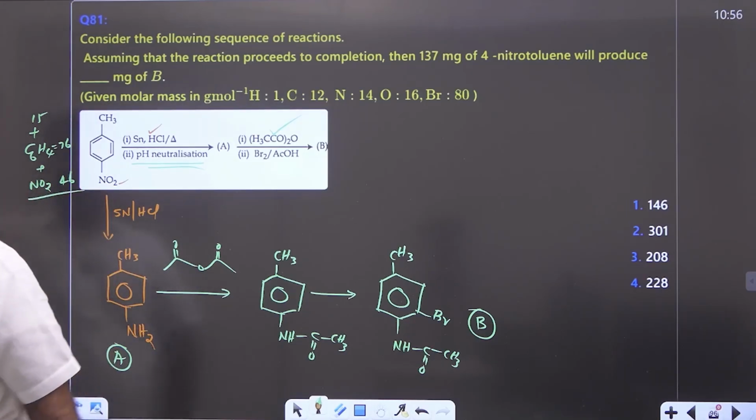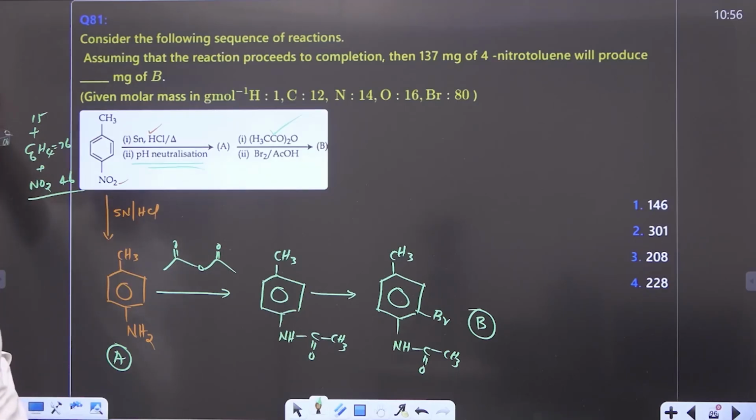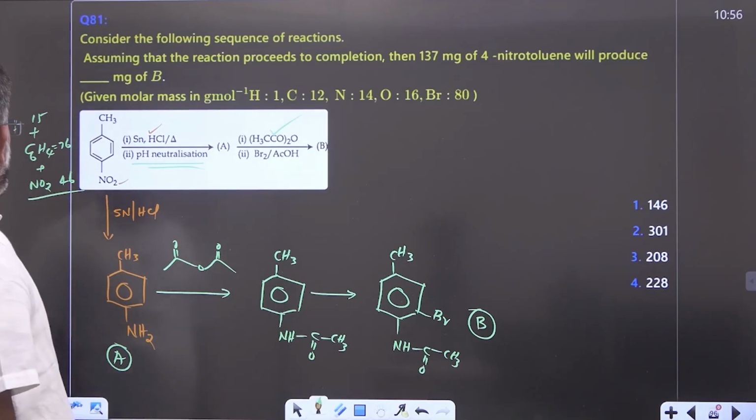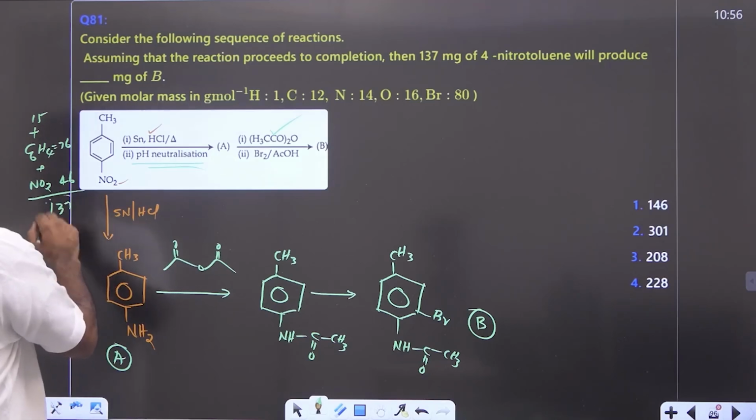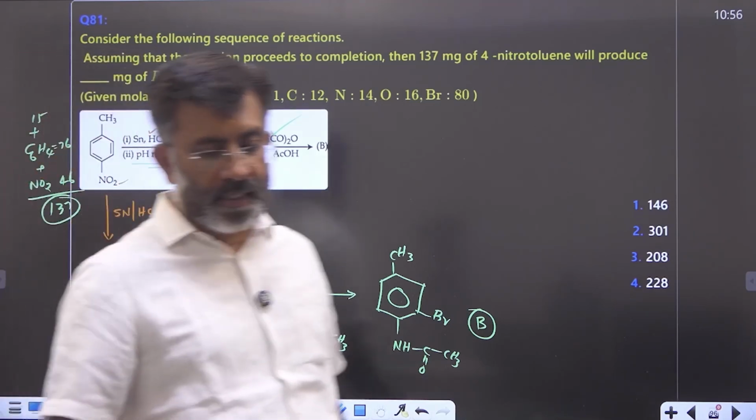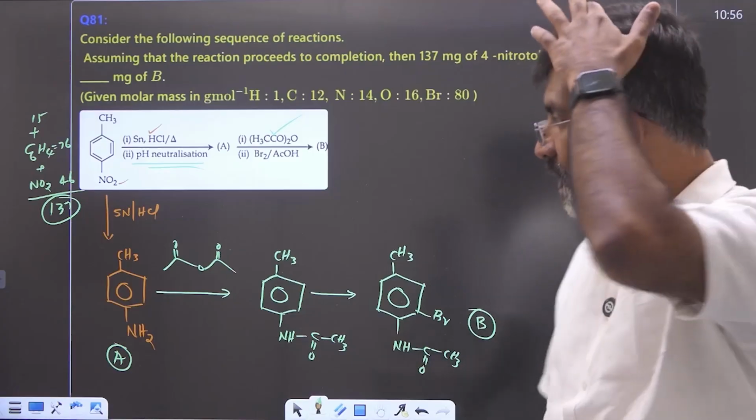So that will come around 137. You get 137 as the molar mass of A.